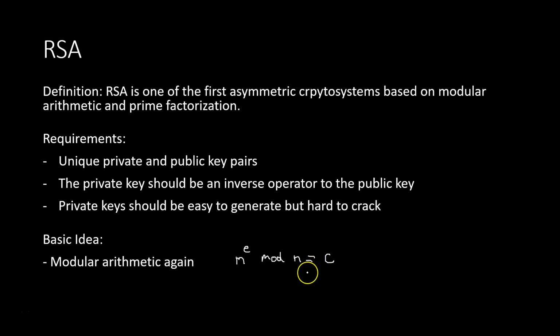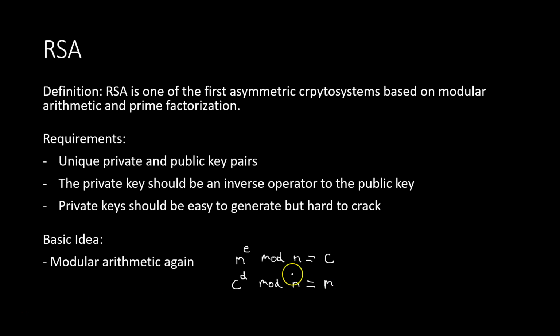And then, to reverse that, we would want to take this ciphertext, raise it to the power of the secret key to the same modulus, and then we want to get the initial message back.